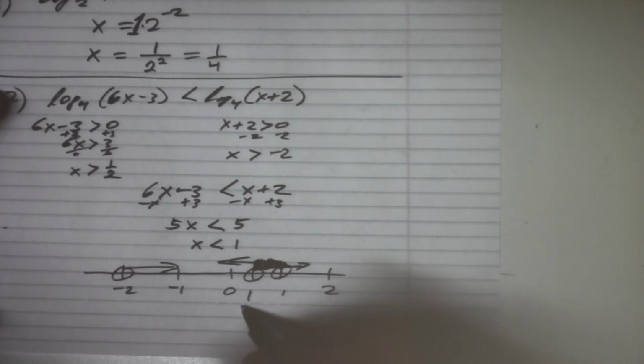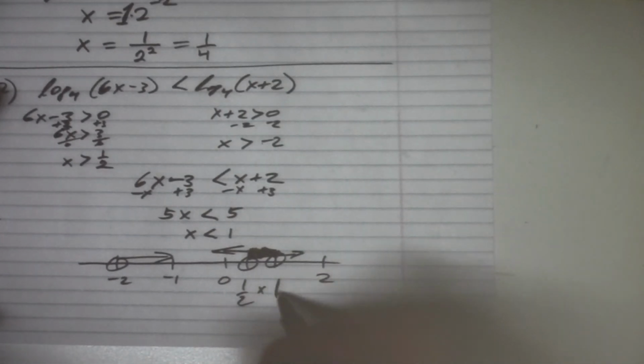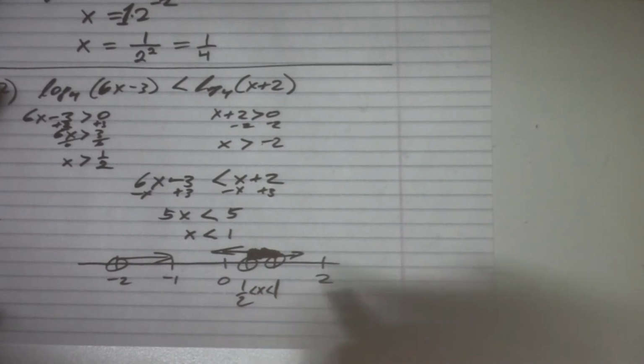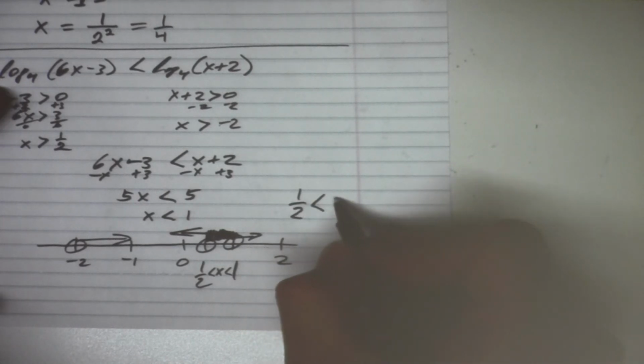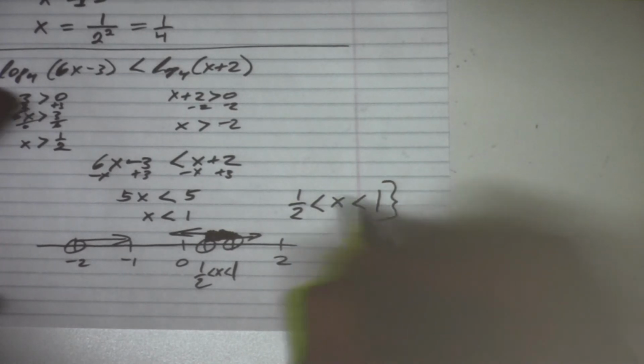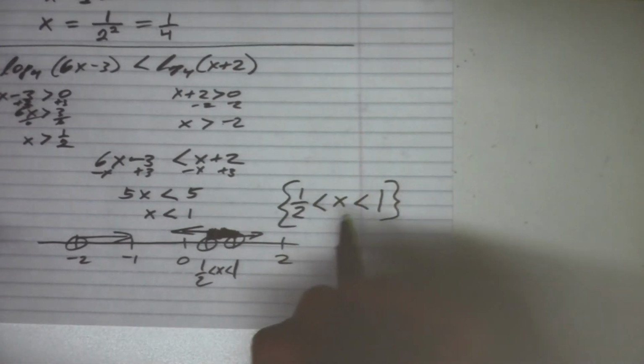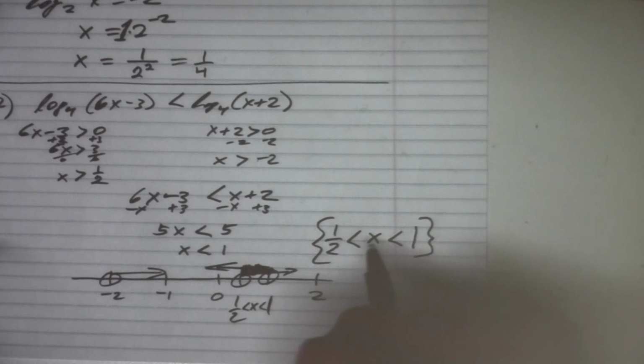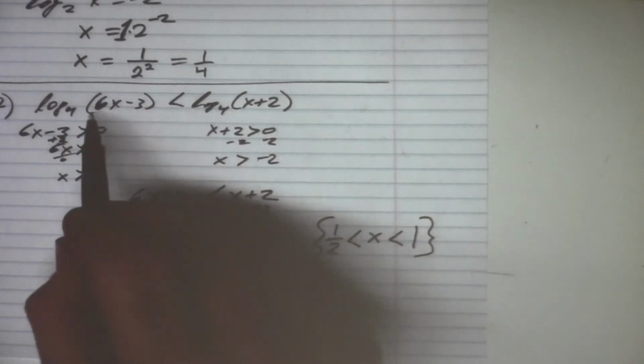So x is in between 1/2 and 1: x is less than 1 and greater than 1/2. So let me write it over here where it's easier to see. 1/2 is less than x, which is less than 1. And that is my solution set. Any of the numbers between 1/2 and 1 will make this a true statement.